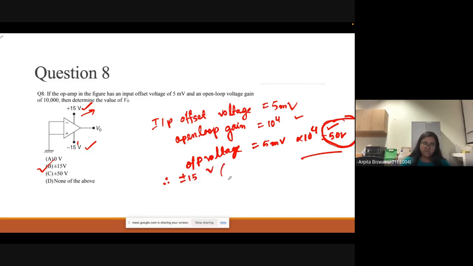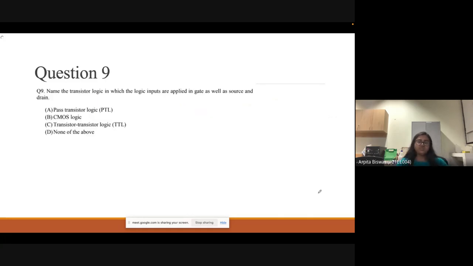Okay, and you have to write that the output voltage cannot go beyond plus minus 15 volt. Okay. So next, moving towards question number 9.